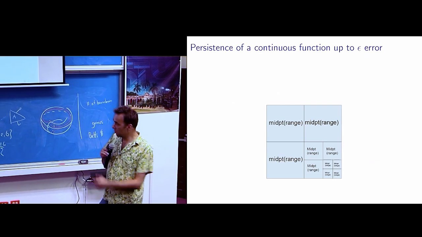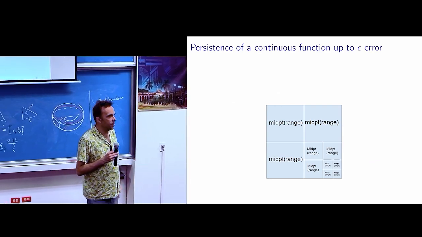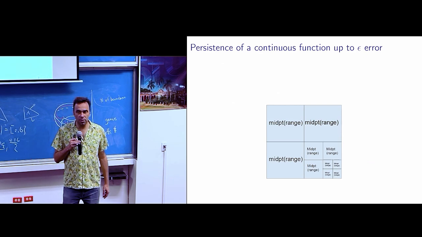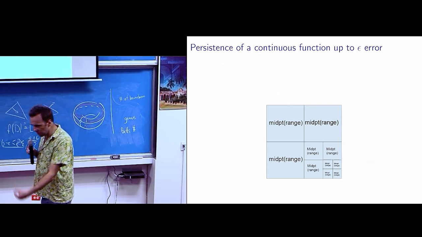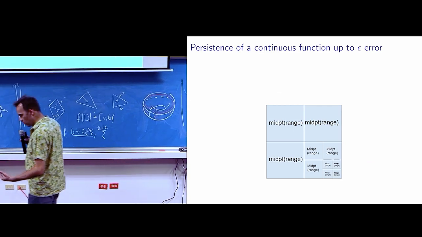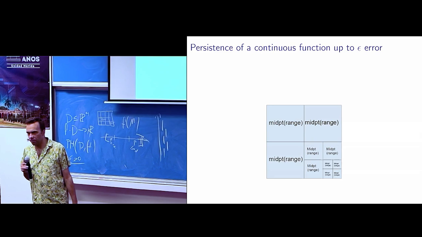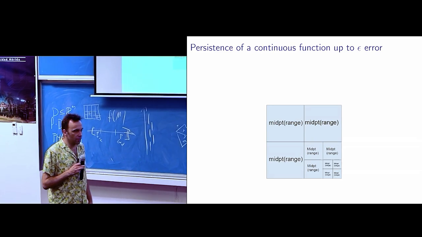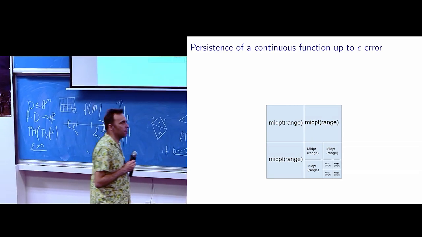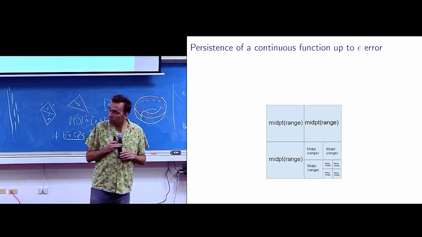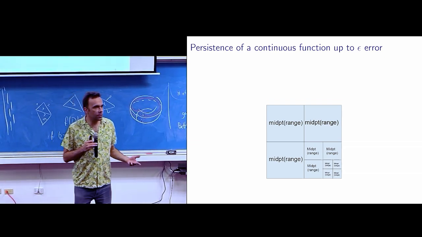Then this validation will simply not go through, and the algorithm will tell you don't know. So in computer science we call it a partial algorithm. It gives you an answer, then we have a mathematical certification that the answer is correct, very much like a mathematical proof, but it may not give you an answer, in which case you don't know anything. So this is how we can approximate persistent homology over continuous functions using interval arithmetic.